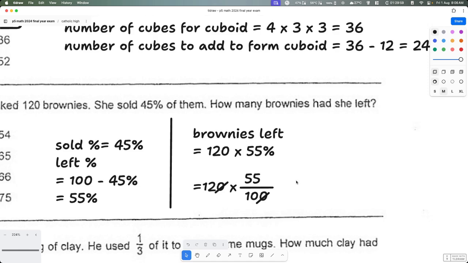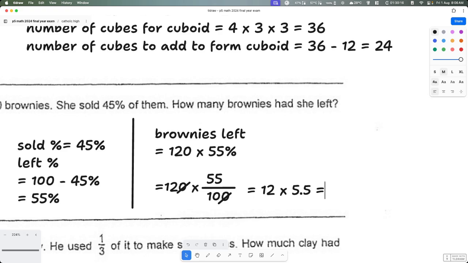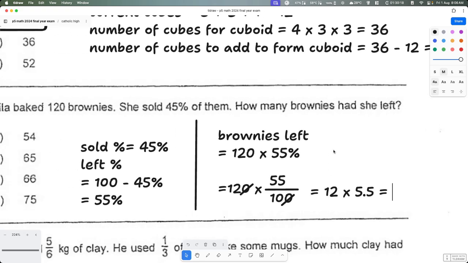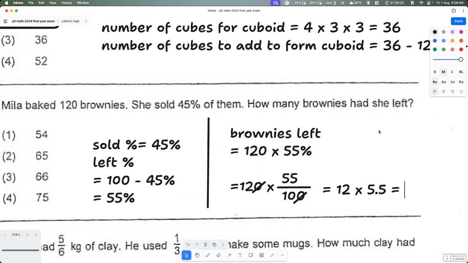Then we have 55 divided by 10, so this is the same as 12 times 5.5, like this, 5 out of 10. From here we can do our calculation. It should be around 66 in essence.